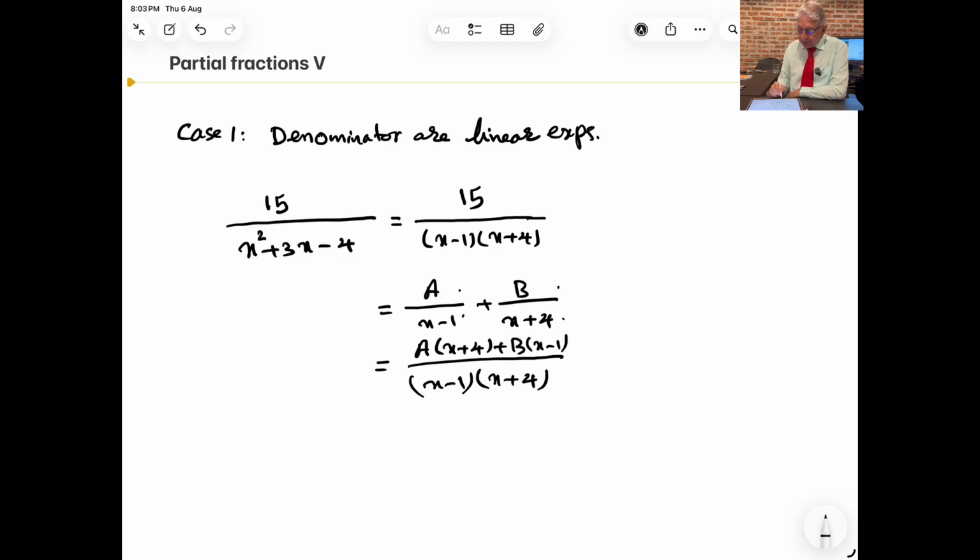Now since this and this one are equal and the denominators are the same, the numerators should be the same. Therefore, I'm going to get a times x plus 4 plus b times x minus 1 should be equal to 15.